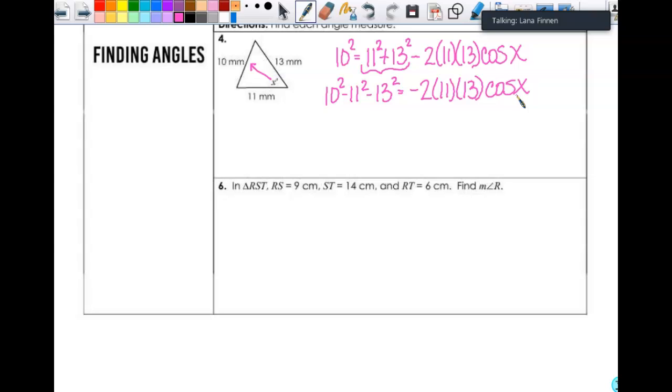We can do it all at once. Trying to get cosine by itself, so this is all being multiplied, so I can divide it out. That means I get 10 squared minus 11 squared minus 13 squared all over negative 2 times 11 times 13. That's equal to the cosine of x.